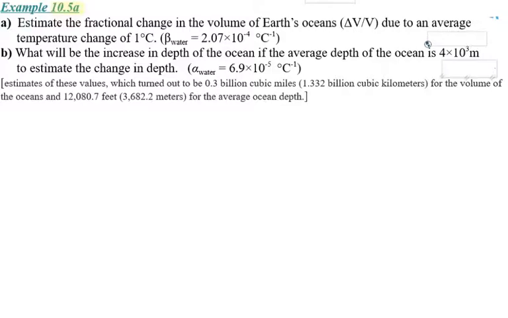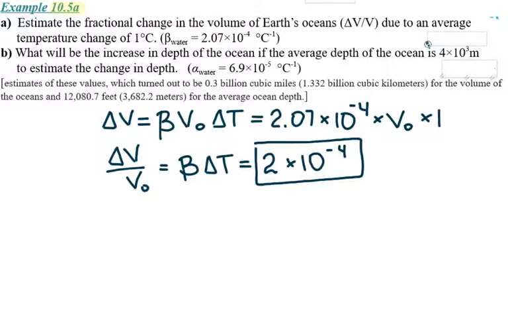So let's look at the volume change for the liquid when we have the coefficient of volume expansion. So the fraction of the volume change over the volume that we have right now is 2 × 10^-4. And then let's see by how much the water is going to rise if we use the same for linear expansion.